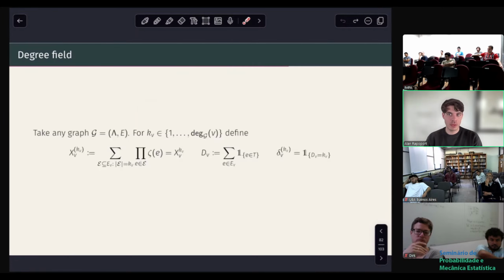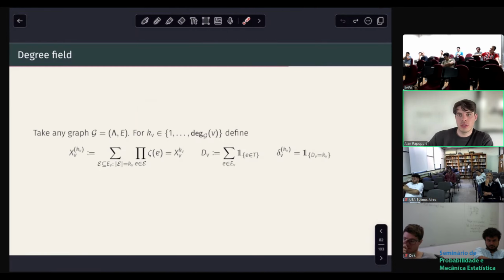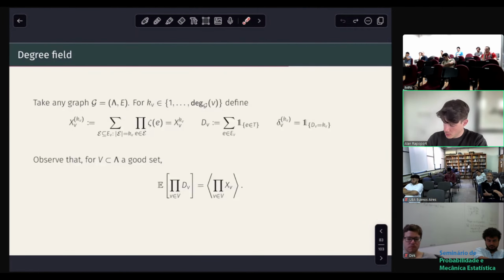Because much in the way that we said this is in the end just talking about the probability of having degree 1 in the UST, we can also define larger degrees. So you can define x to the k, yeah?